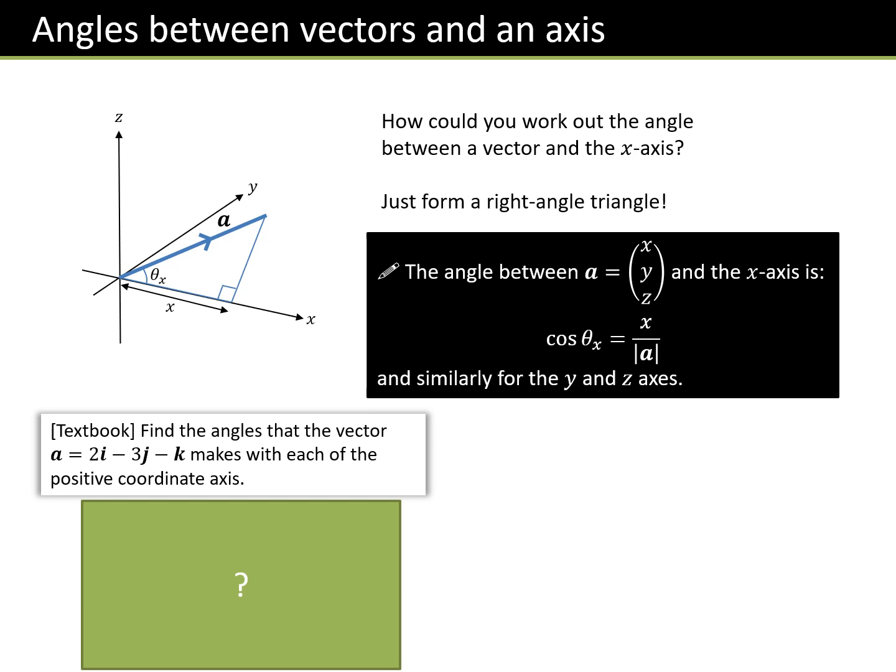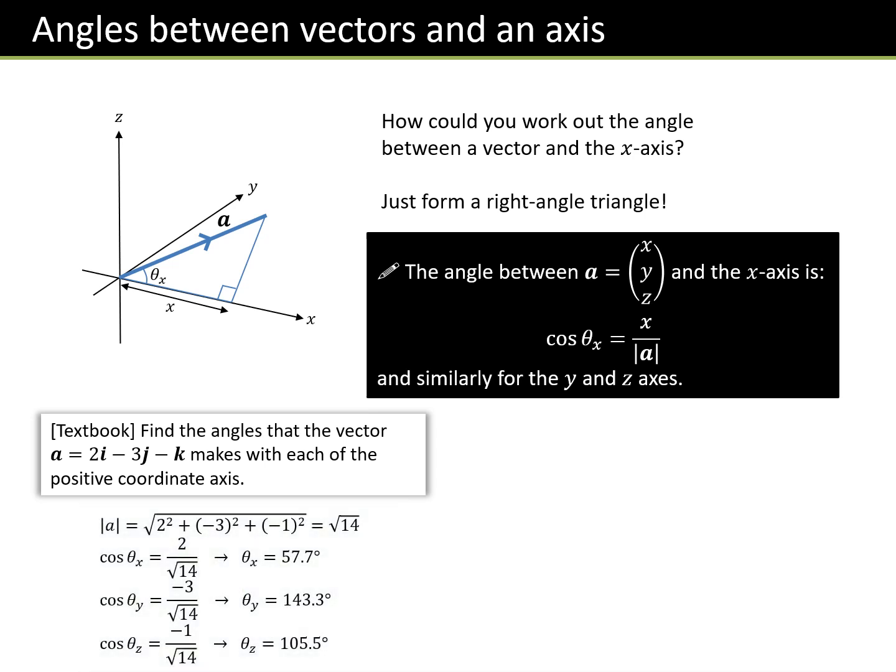So the distance along the axis is adjacent to the angle, so we're going to use cos, and cos is adjacent over hypotenuse. So cos of the angle that the vector makes with the x-axis is just going to be the x coordinate divided by the magnitude of that vector. And you can do the same thing for any of the axes.